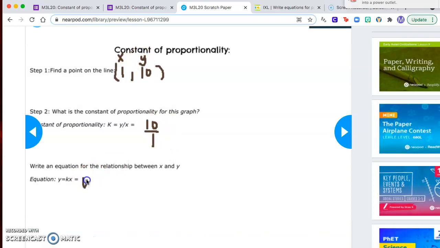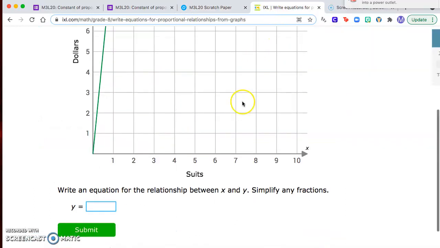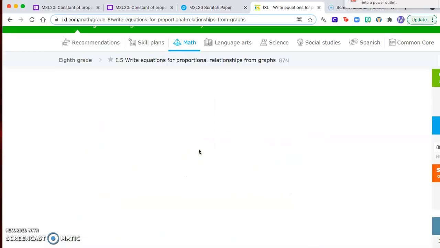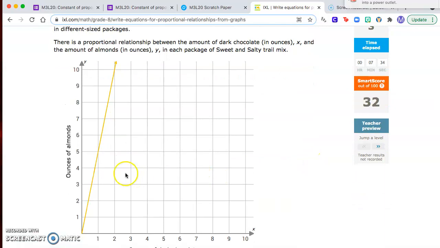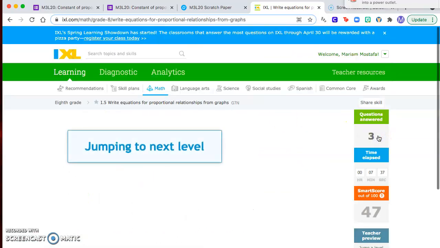So the equation is y equals 10x, because 10 divided by 1 is 10. That's really how simple it is. All you have to do is find a point on the line and use it to find the equation.